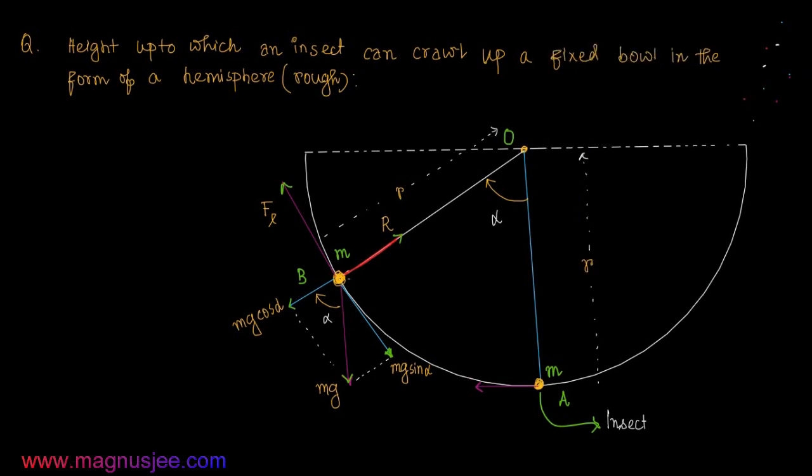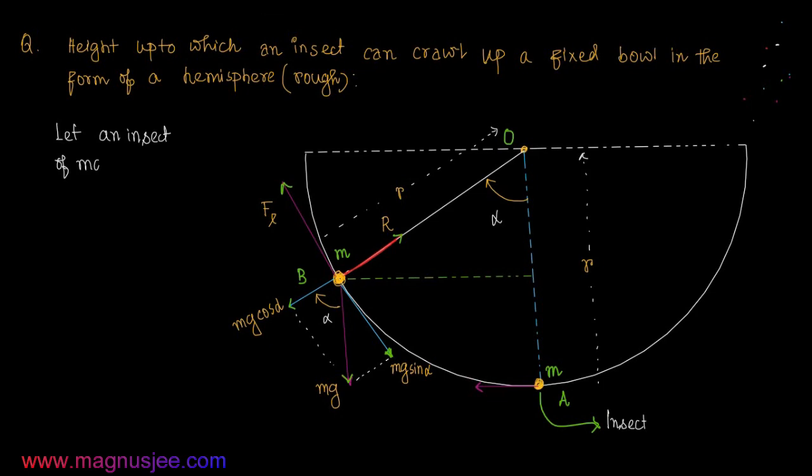Now we draw a perpendicular from the point B on the vertical radius OA.